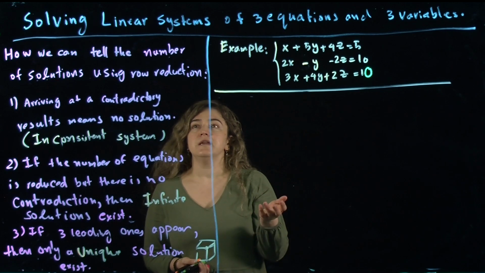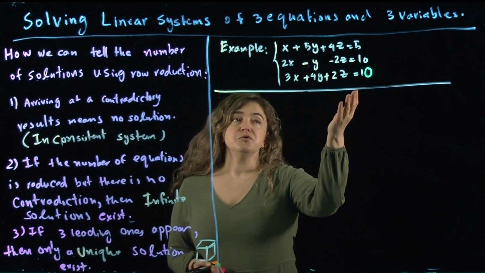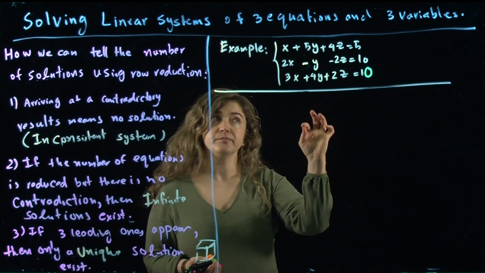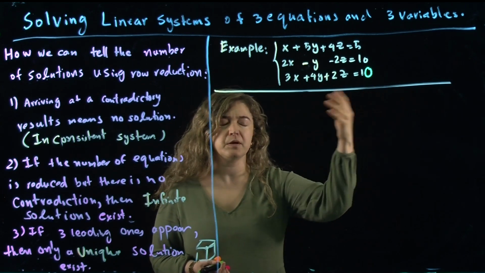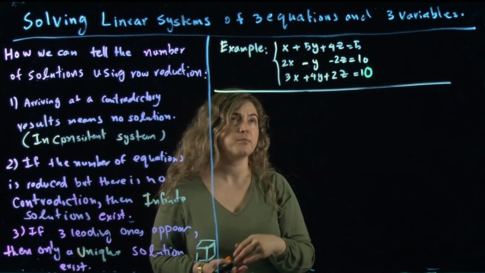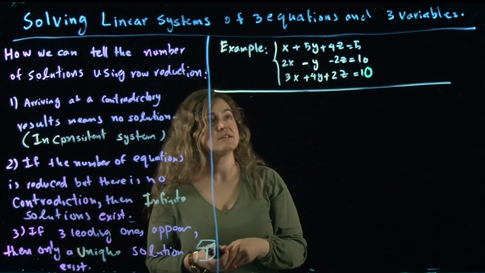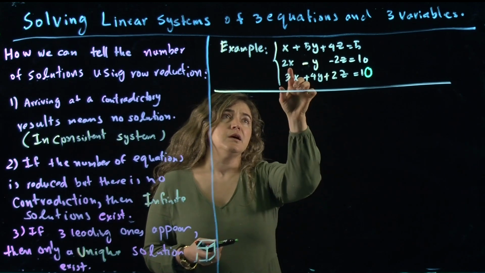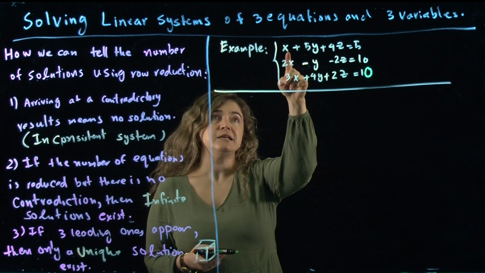So again, we use the row reduction method to arrive at what we call reduced row echelon form. So going about with this and finding the row echelon form, we start with a leading one.